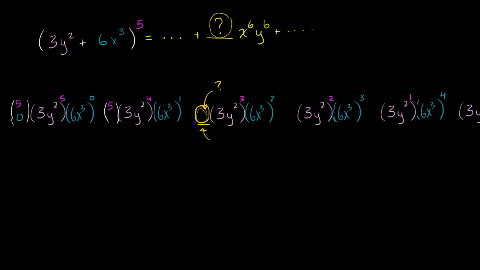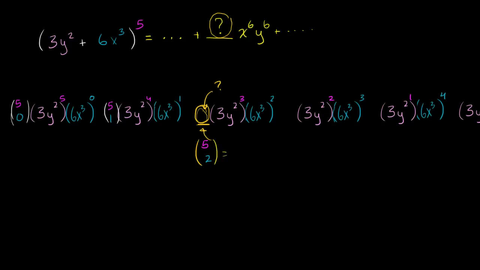So this would be 5 choose 1. And this one over here, the coefficient, this thing in yellow, is going to be 5 choose 2. Now what is 5 choose 2?